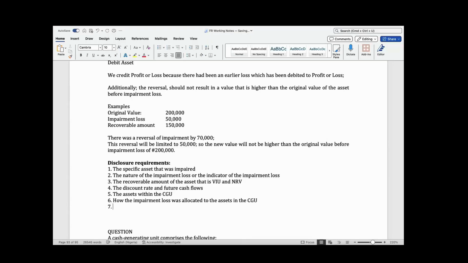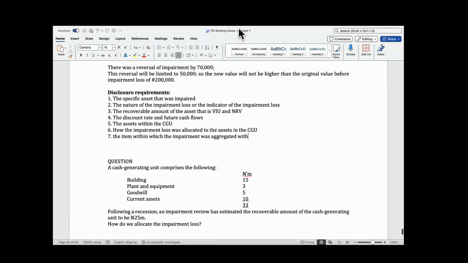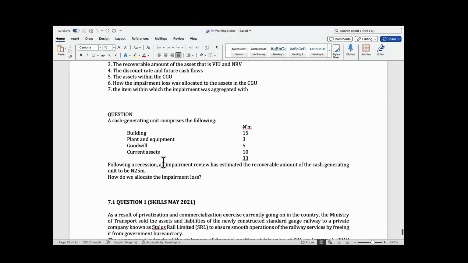Also, in case the impairment loss does not come in as a line item, the item within which the impairment loss was treated or aggregated with. So you need to disclose, give us all of these details. Otherwise, there's no way we are going to identify that ourselves.